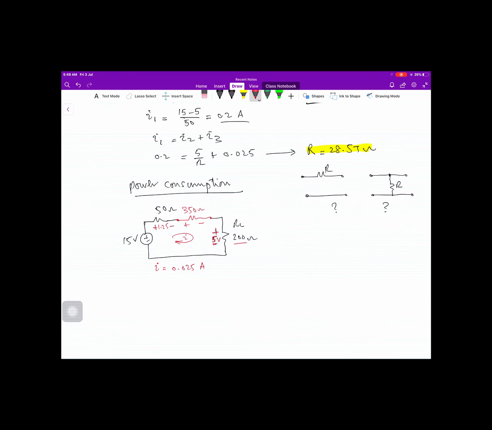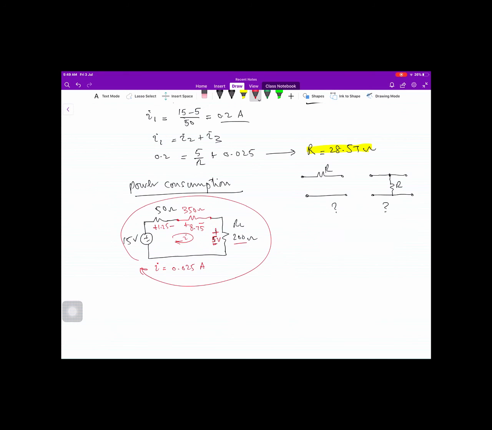Similarly, the voltage across 350 ohm resistance is the current multiplied by 350, this is 8.75. Now move around this mesh.